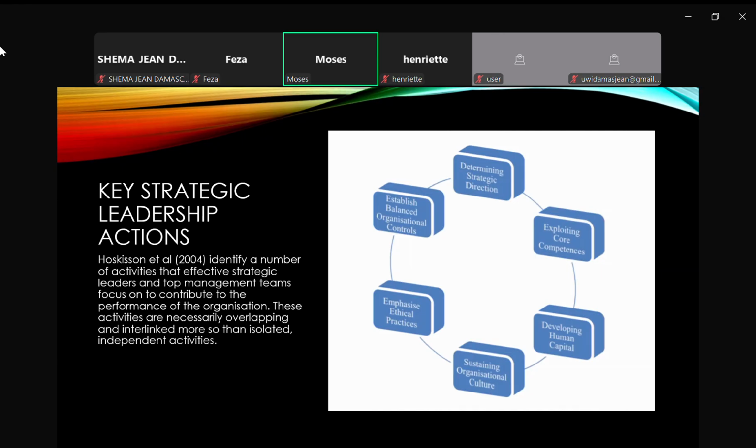Any leader is expected to determine a direction that a company should be taking, explore core competences within the company, develop people, sustain a culture, emphasize ethical practices, and establish a balanced organizational control.